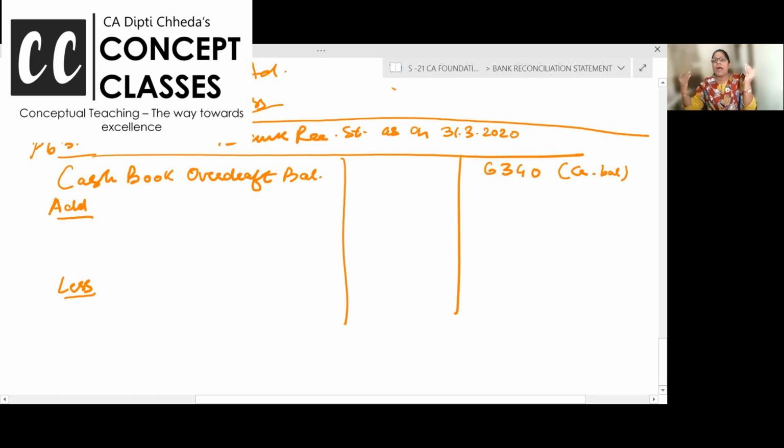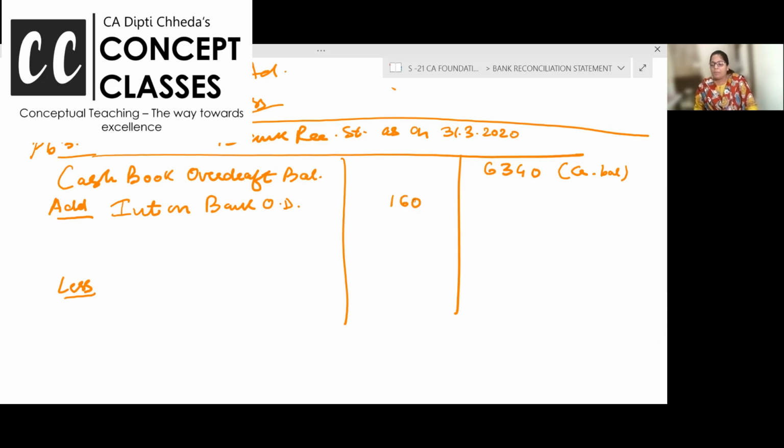Interest debit to bank. What am I doing? Crediting the bank. What is already the bank balance? Credit. So more credit. What will I do? Add. Interest on bank overdraft, how much? 160. Interest on bank overdraft is 160.